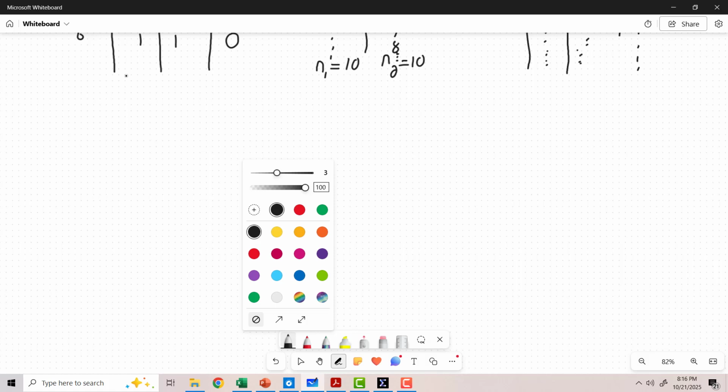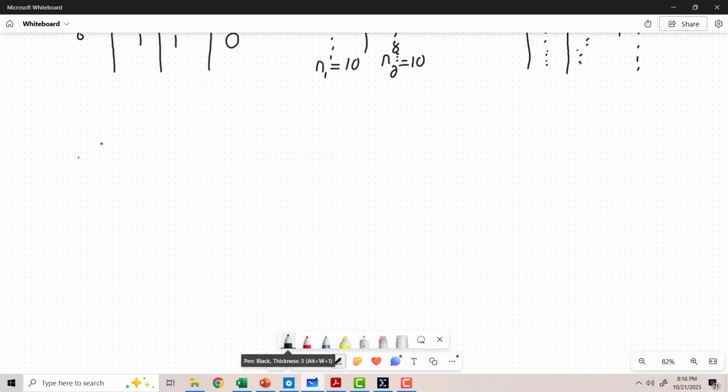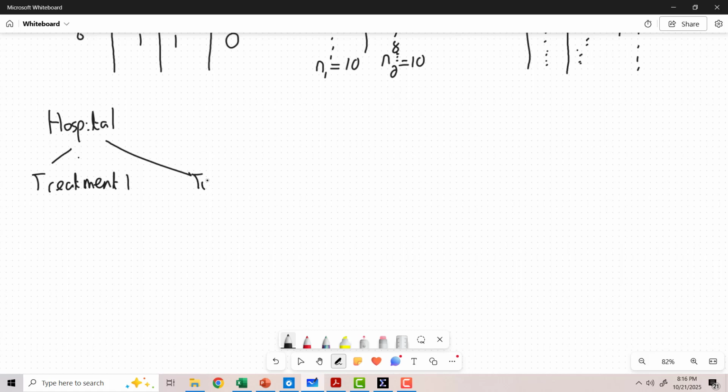Okay, so imagine that we can't really run a counterbalance design. So we've only got, for example, people go into, say, hospital, and they have a disease, and we can choose, for example, treatment 1 or treatment 2.